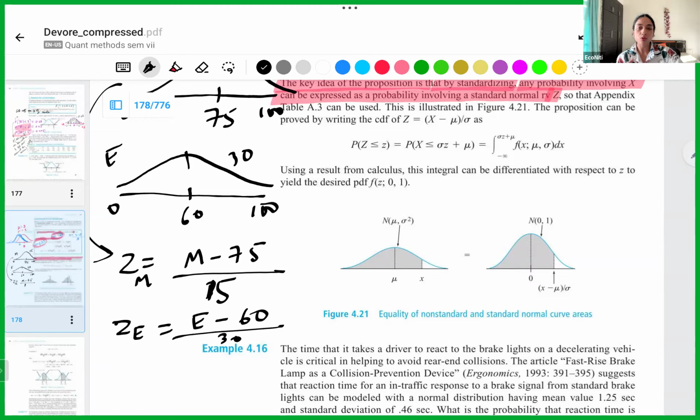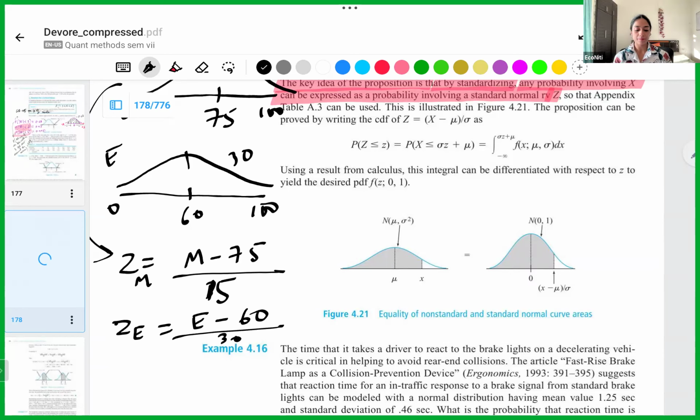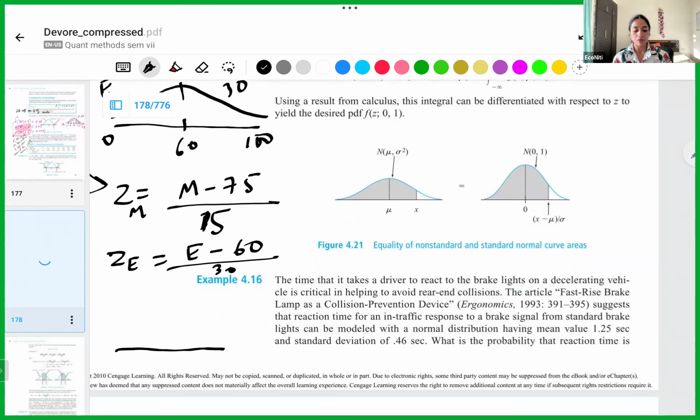Then both of them will have the standard normal distribution, right, with mean 0 and variance 1. And then you can compare these two distributions, right?